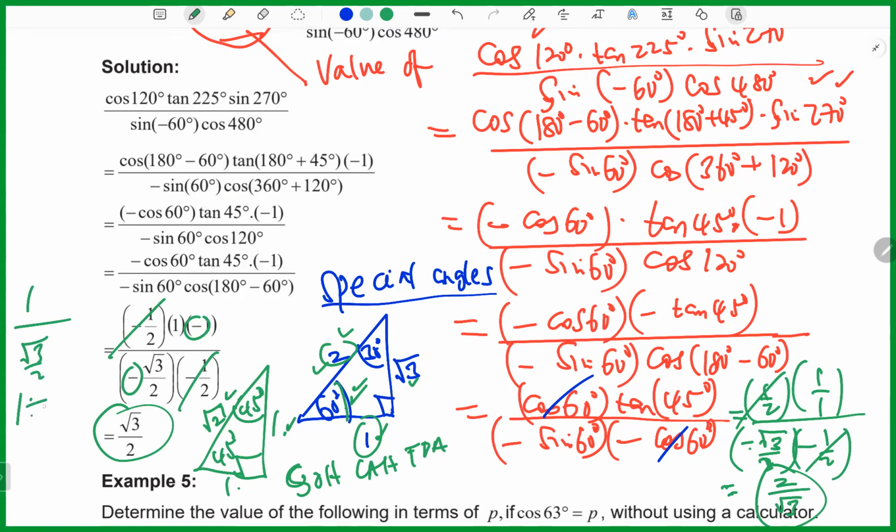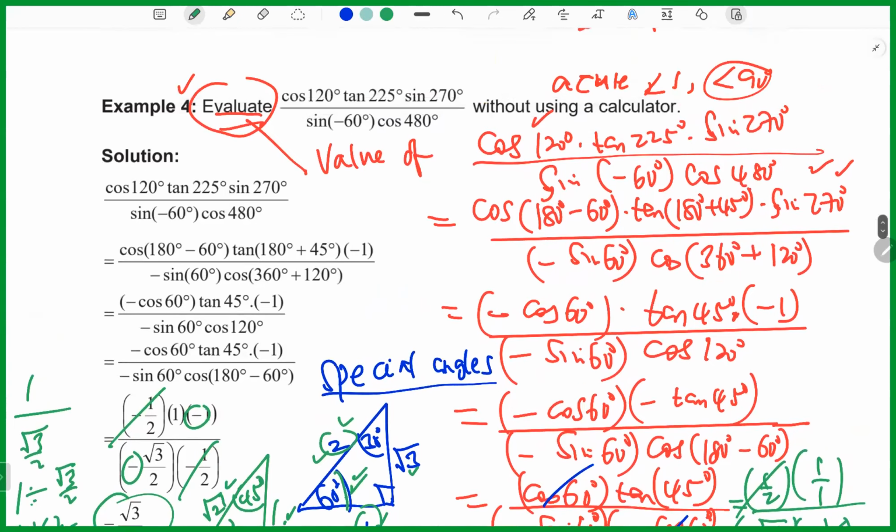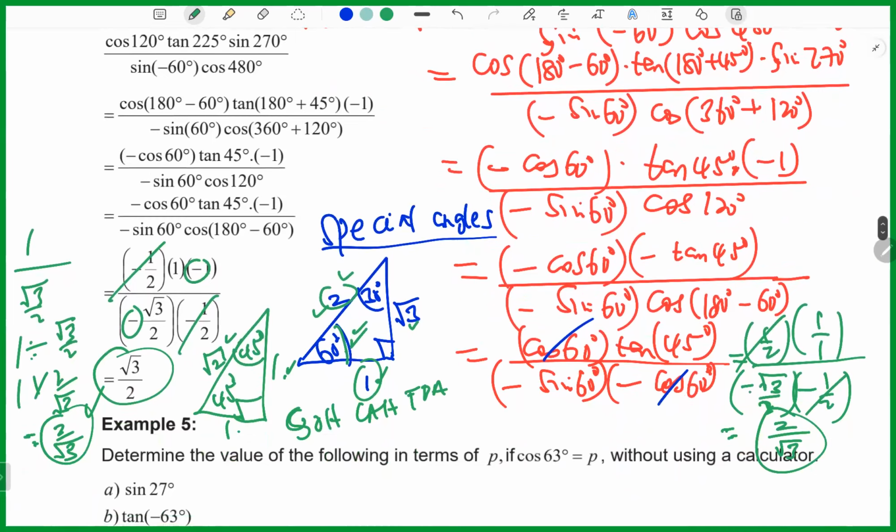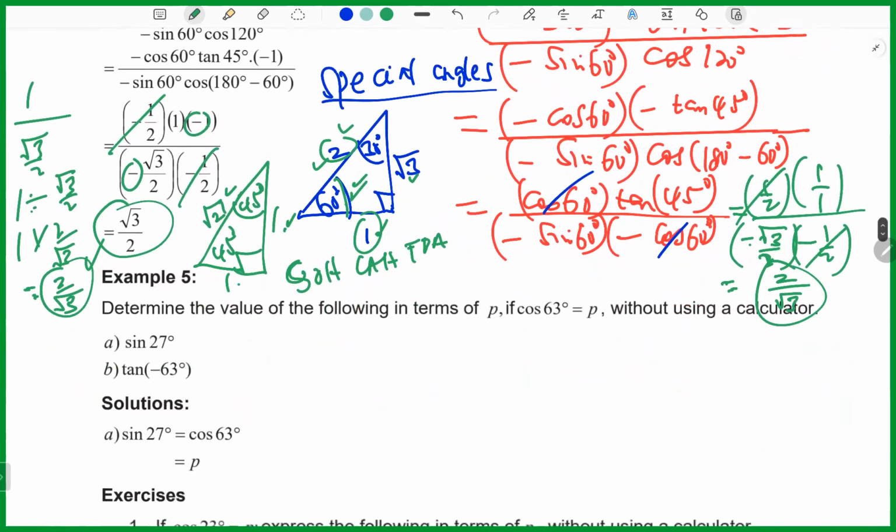That is 1 multiplied by 2 over the square root of 3. That's the answer. We had to find the value of this, and the value is 2 over the square root of 3.